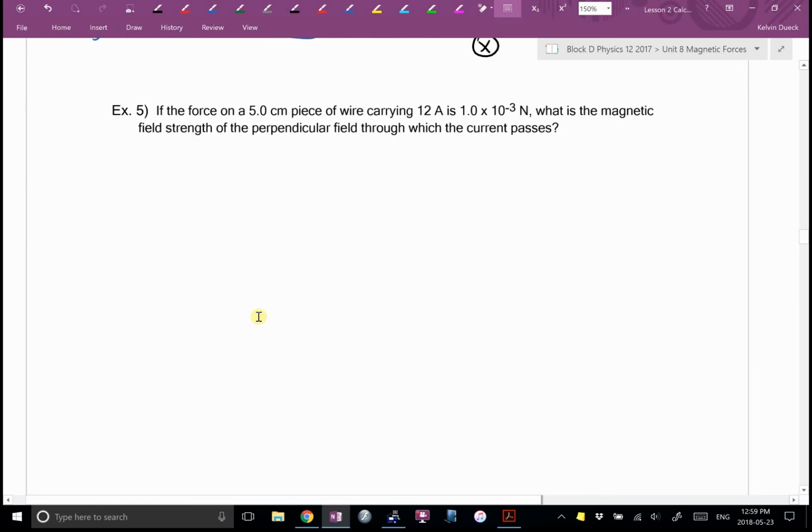Suppose a 5 centimeter piece of wire carrying 12 amps experiences a force of 1.5 times 10 to the negative 3 newtons. What's the magnetic field strength that it's inside? Okay. This question wants me to find magnetic field strength.